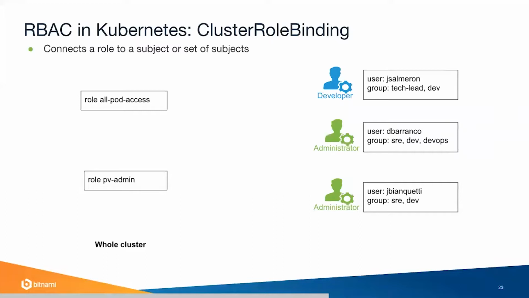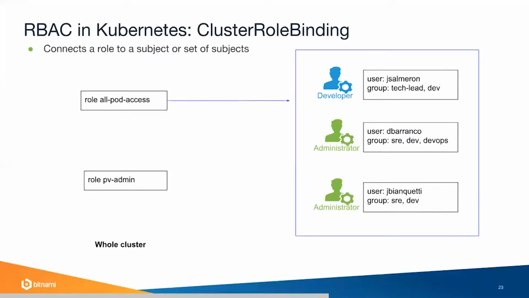So for example, we may want all users to read all pods, but we may only want a set of administrators, these users belonging to the group SRE, for example. We might want them to be able to, for example, access or manipulate persistent volumes.